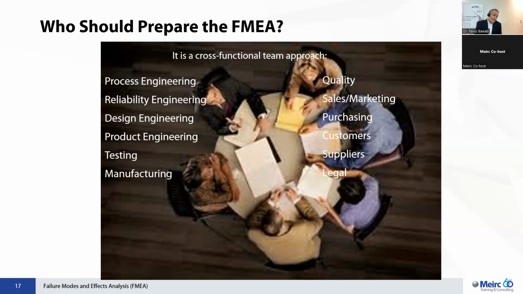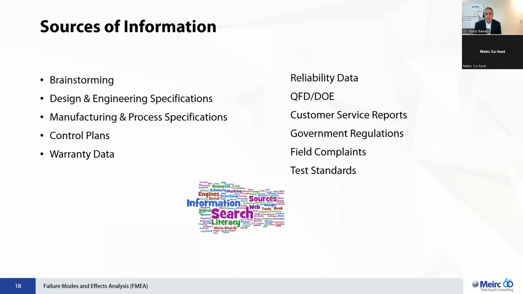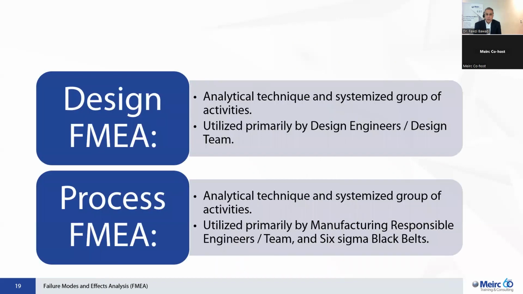Of course, if you're in production or manufacturing, definitely they will have a presence in that meeting. You need to get information, whether it's previous information, reliability data, your warranty data, your customer complaints, or government regulations. So we can think of different sources where we can get the information and use it for discussion.